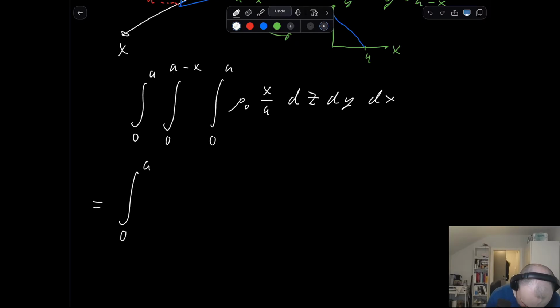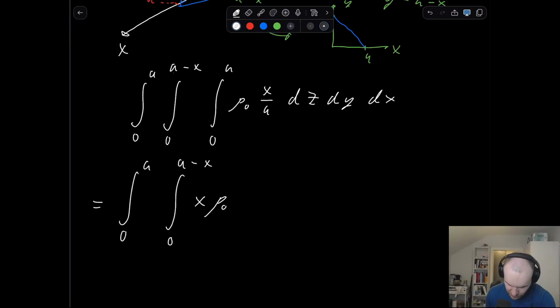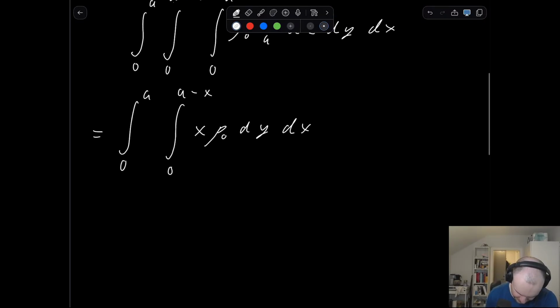And then this integral here looked funny. A minus x, and the first integral is pretty easy. Still, this is just a constant, and with 0 we just get a, right? So that just disappears. We get x times, of course, rho 0, like that. And then, of course, we have dy, and then we have dx.